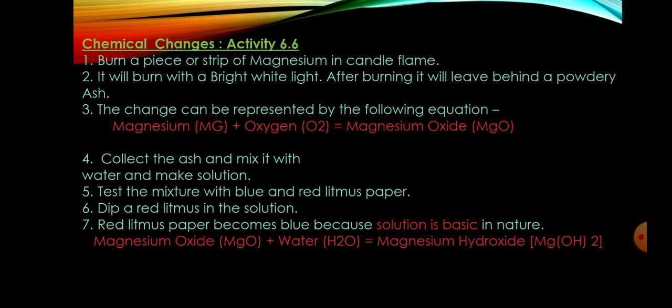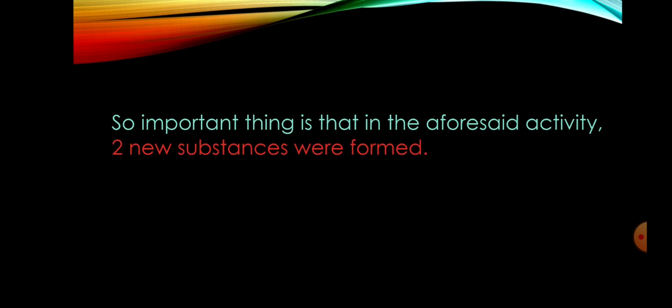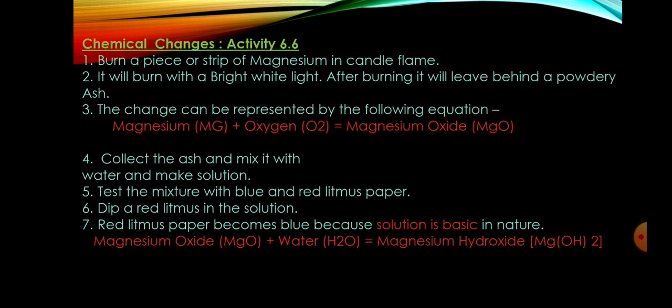You can take a screenshot of this whole screen if you think it is important, or if you have the NCERT textbook, you can see it from that also. The important thing is that in the aforesaid activity, two new substances were formed: magnesium oxide and magnesium hydroxide.